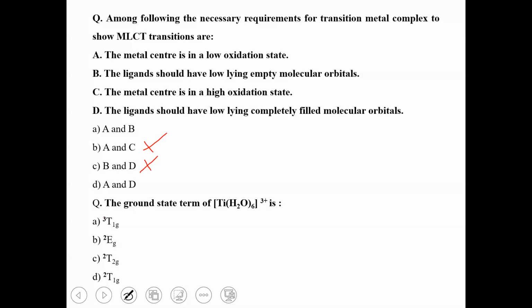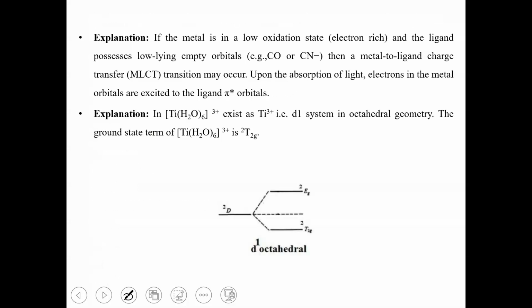And what about A and D? If you have a metal to ligand charge transfer, that means the ligand has an element that is basically electron deficient. So going to the explanation, the CO and CN ligands are sigma donor pi acceptor ligands.